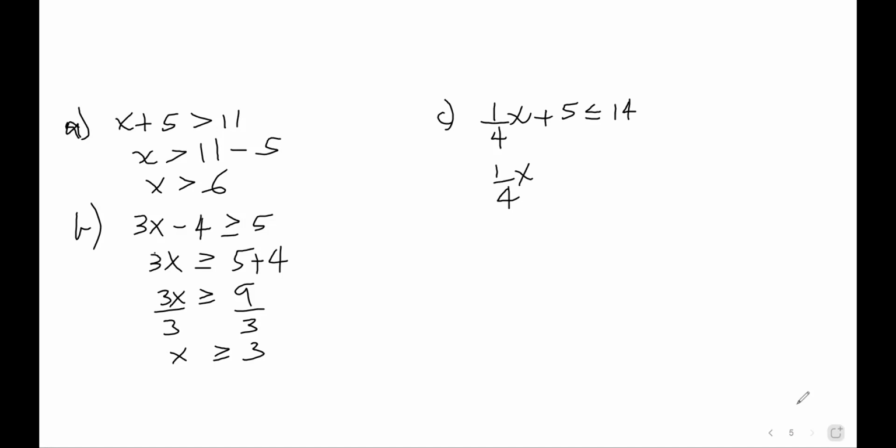We also put the like terms together there. We subtract 5 from both sides. One side we get 0. On this side we get 14 minus 5. 1 over 4x, 9. Multiply both sides by 4.